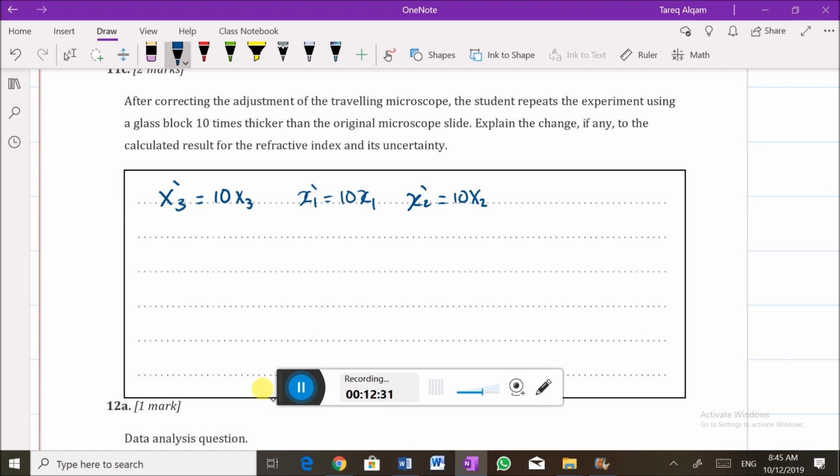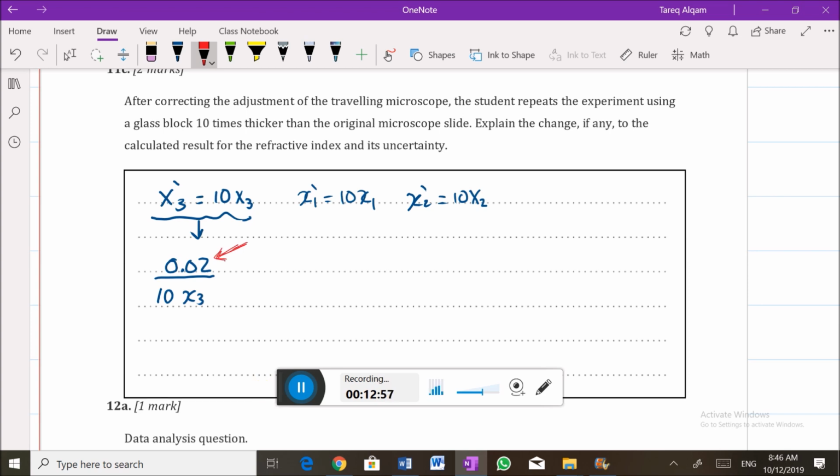But if I measure the absolute uncertainty here, the absolute uncertainty does not change, but it will be over 10 times x3. Okay, because this uncertainty depends on the tool itself, right?